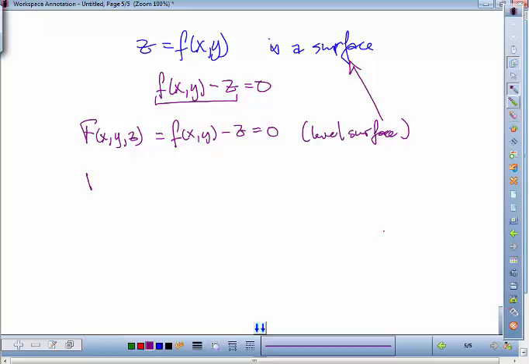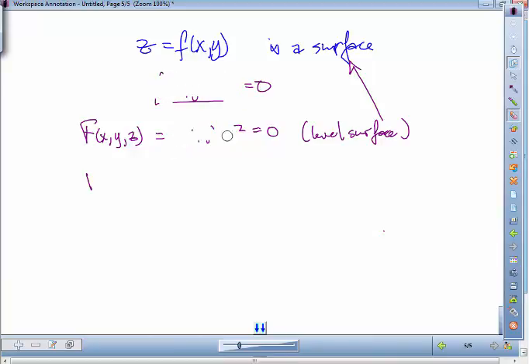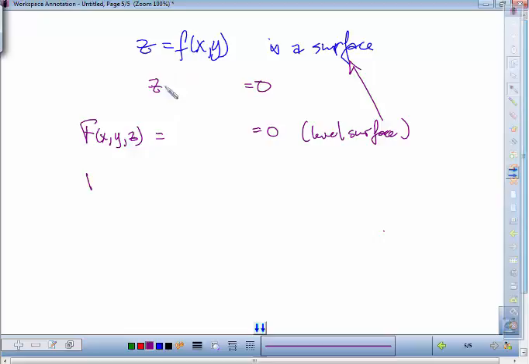Sorry. Are you guys taking notes in pen? What I wanted to do was say z minus f of x, y. All right, so it's a level surface.